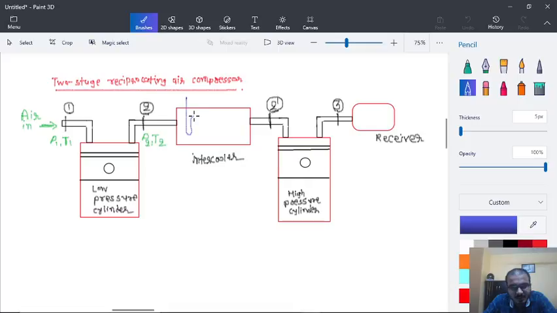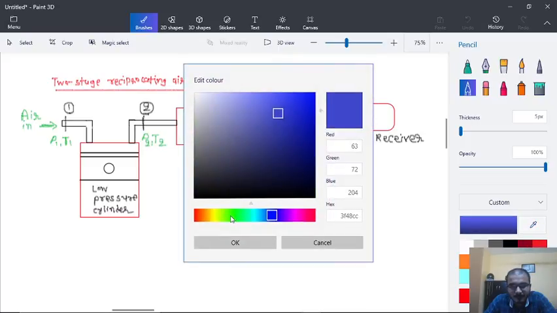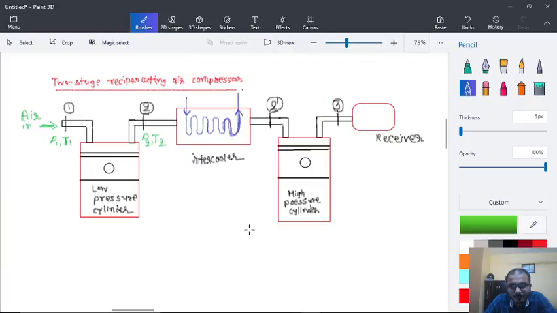These are the coils that we have inside the intercooler, and because of this cooling, the temperature reduces. Here we have P2 and T2 prime.